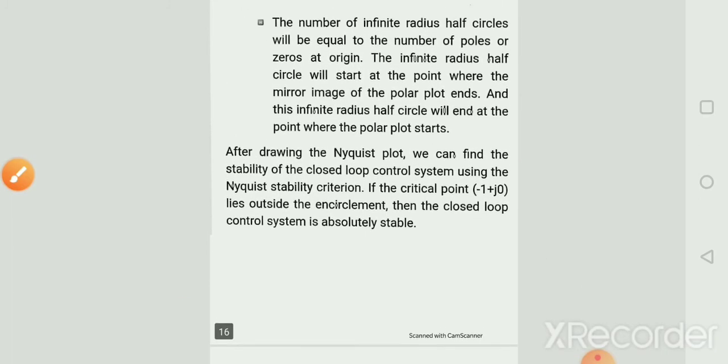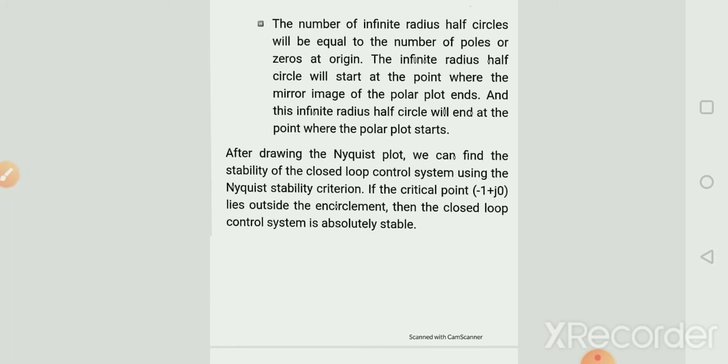Now the number of infinite radius half circles will be equal to the number of poles and zeros at the origin. The infinite radius half circle will start at the point where the mirror image of the polar plot ends, and this infinite radius half circle will end at the point where the polar plot starts.